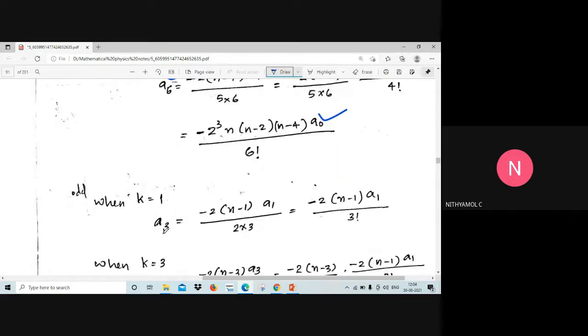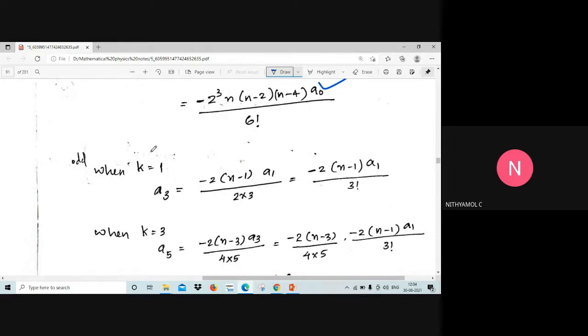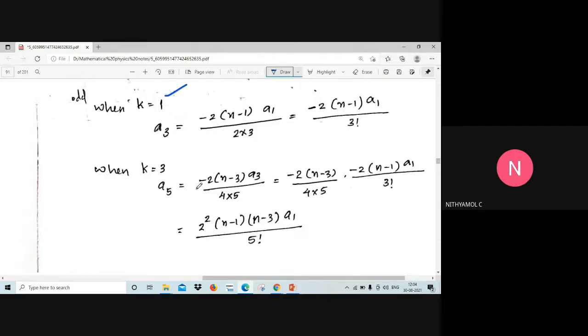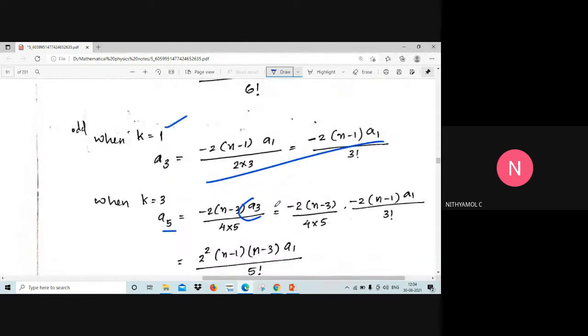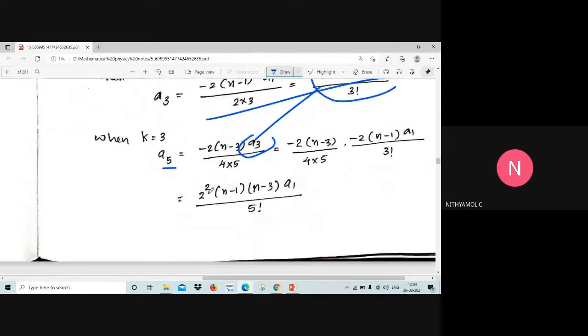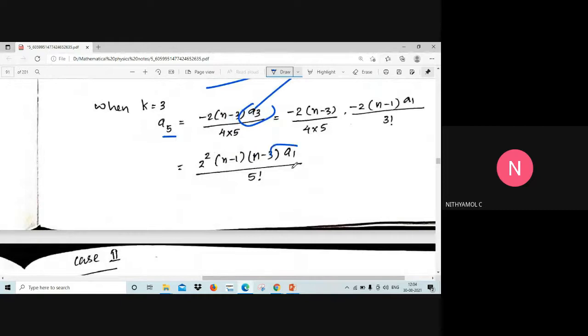Now, in order to get a1, a3, a5, that is the odd coefficients, when k is equal to 1 we will get a3 like this. Then when k is equal to 3, we get a5, and we already found the value of a3, so substituting a3 here, we will get a5 in terms of a1.